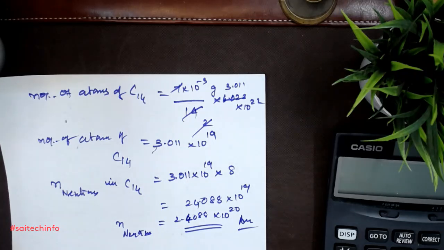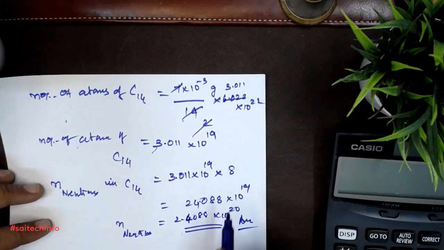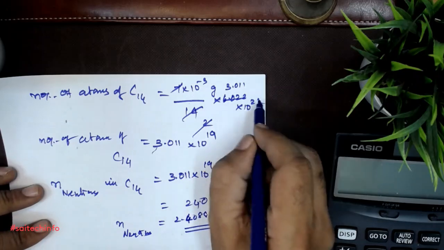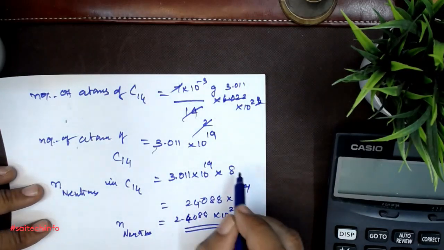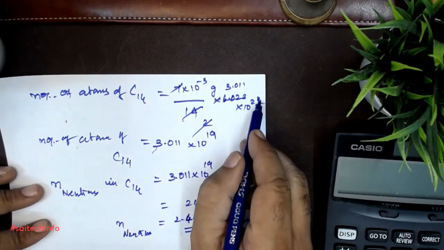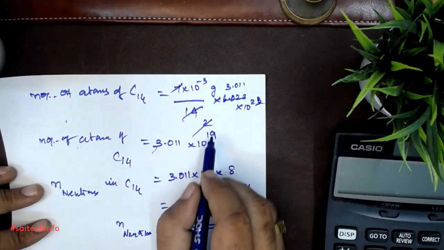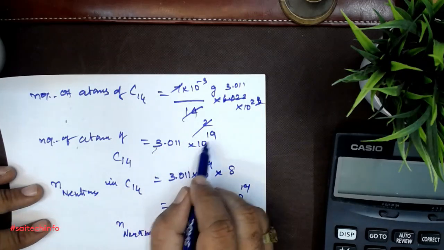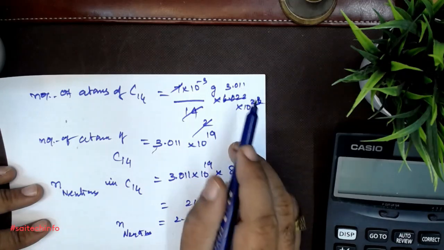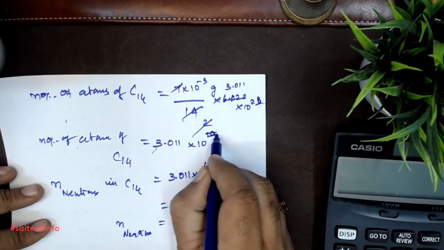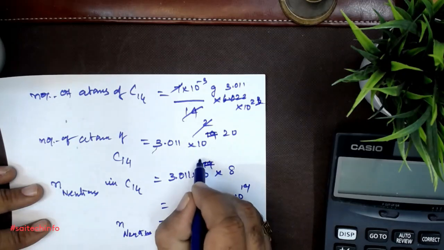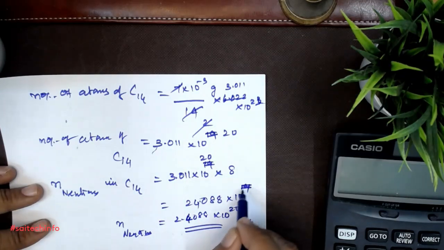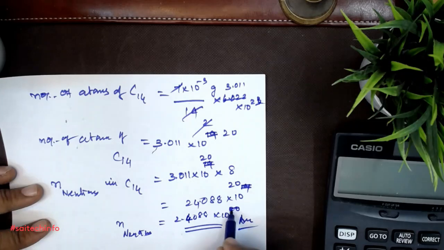2.4088 into 10 power 20 or 21, am I right? Sir, it was 23, sir. 22? 20? By mistake we put 22 again. 3.011 here, how much will it come? 23 here, 20 comes. So 20 here is 21.